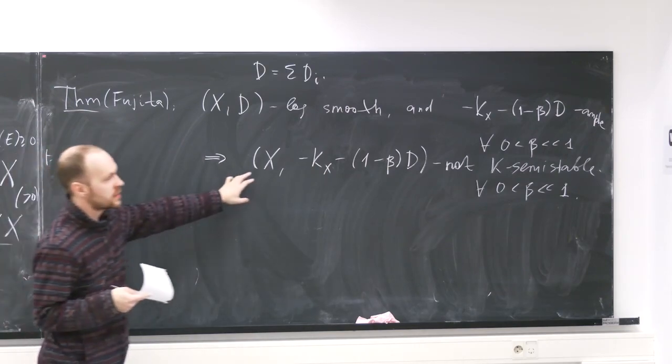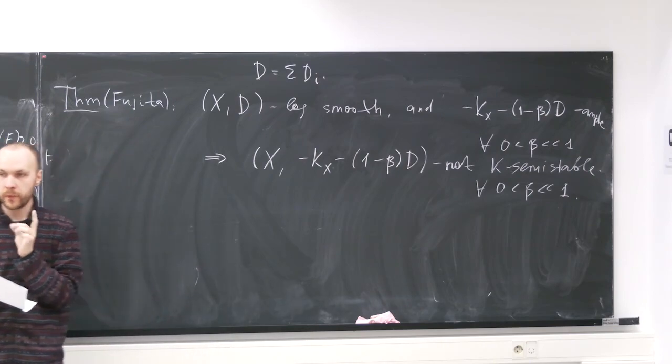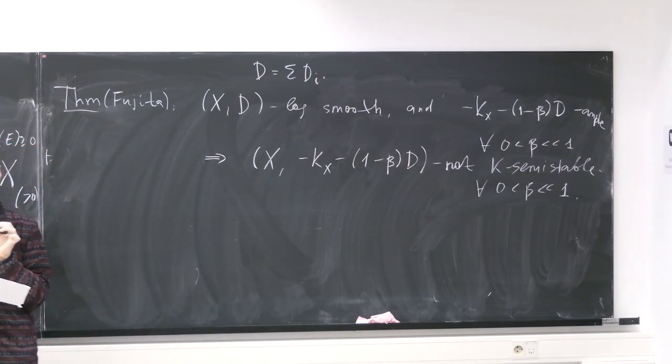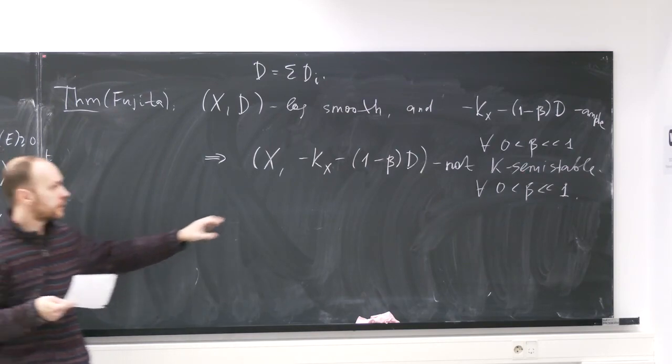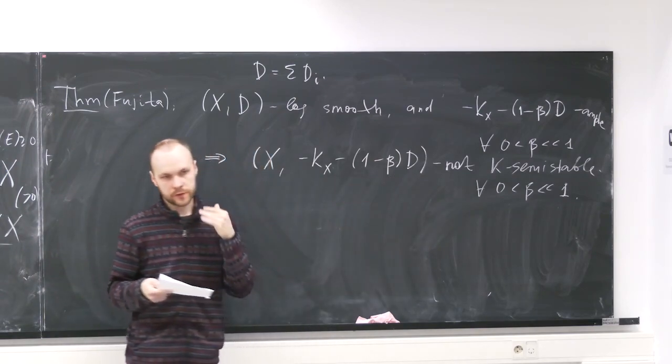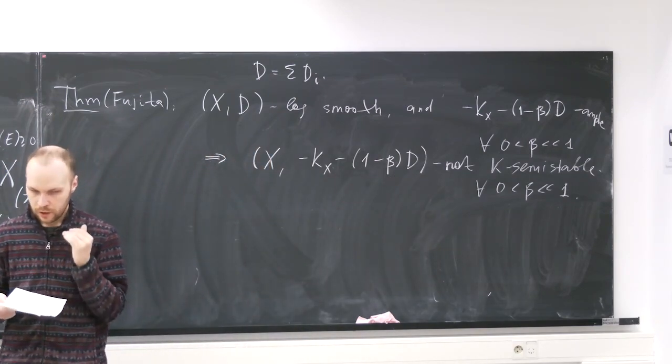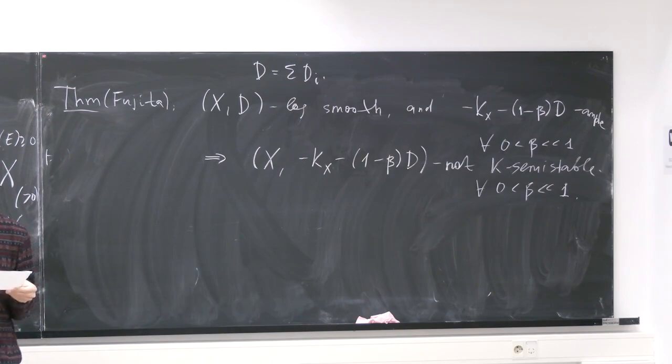So this is K semistability for pairs. For pairs, yes. It says that if the coefficient of this anti-canonical is sufficiently close to 1, then this pair is not semistable. So all this business is a generalization of K stability for pairs.